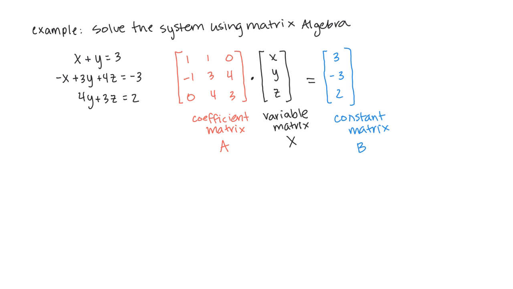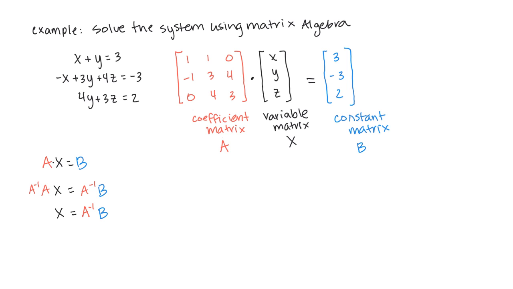We call the constant matrix B. So our matrix equation right now says A times X is equal to B, and we know that we can solve for X by multiplying both sides of the equation on the left-hand side by the inverse of the coefficient matrix. So that means that X is the inverse of A multiplied by B on the left.